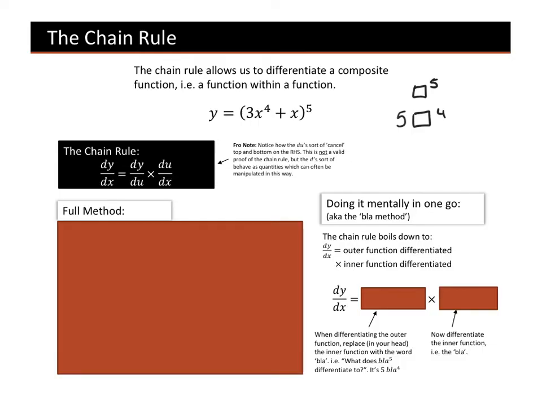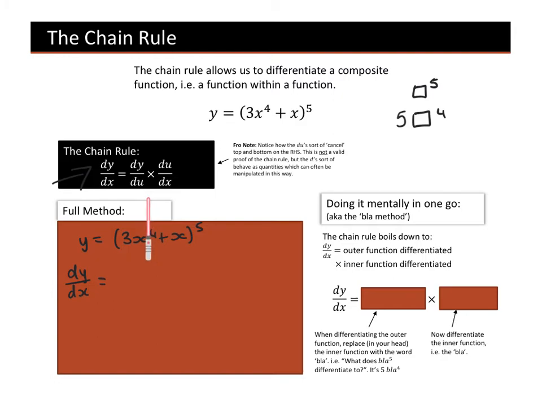In this case, I never worry about this kind of formula. Just follow my lead. So we have y equals 3x to the power of 4 plus x, all to the power of 5. The differential equals, differentiate the bracket. Forget about what's inside. Just think, something to the power of 5.